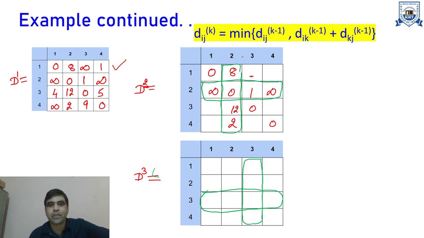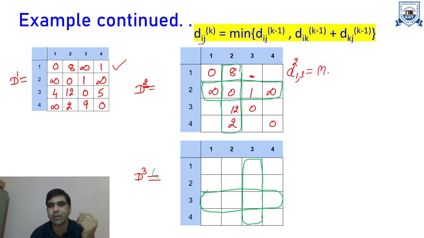What will be this? Now again using the same formula, first we have to see this is actually the distance between 1 and 3 using 2. So how do we find out?